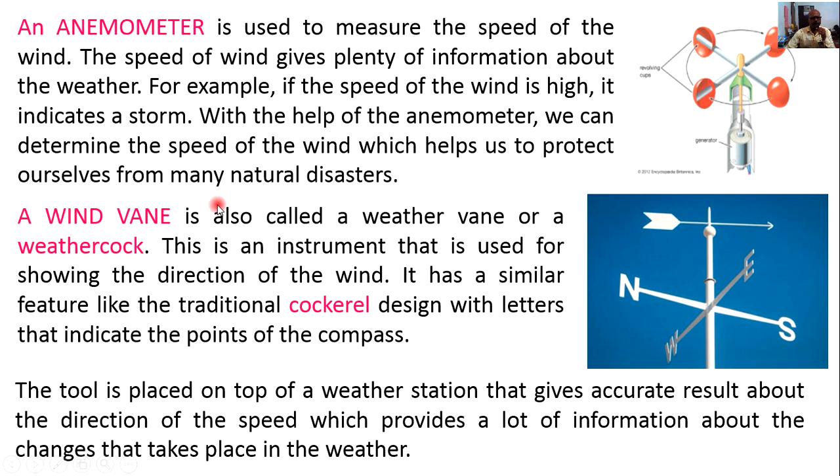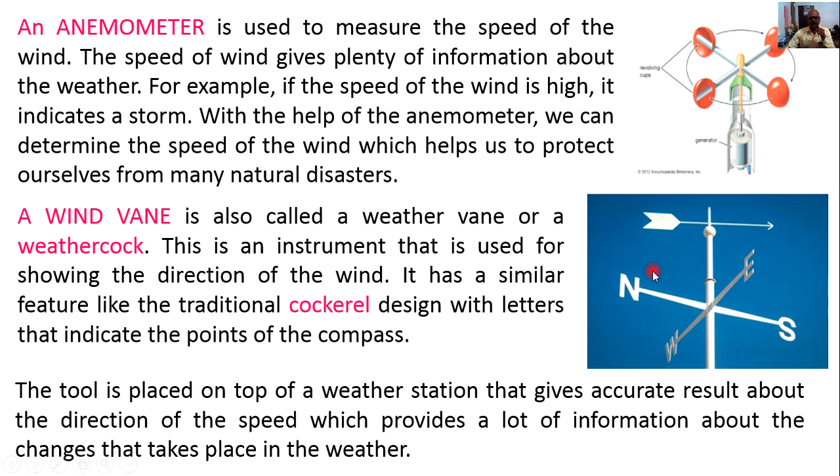A wind vane is also called a weather vane or a weathercock. This is an instrument that is used for showing the direction of the wind. It has a feature like the traditional cockerel design with letters that indicate the points of the compass.